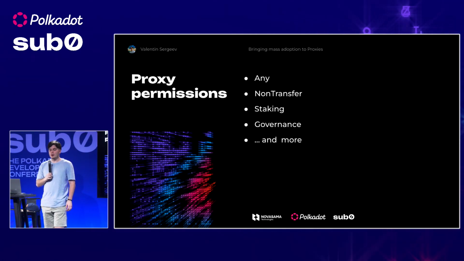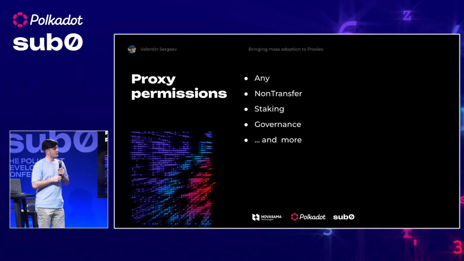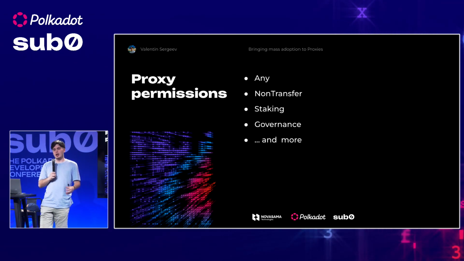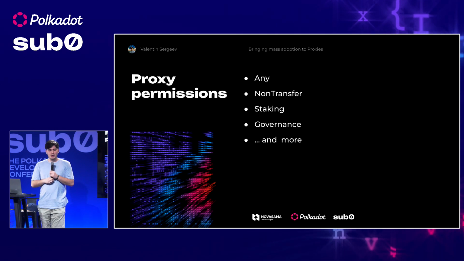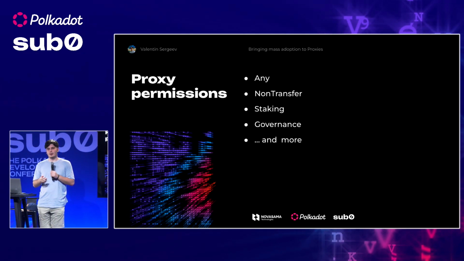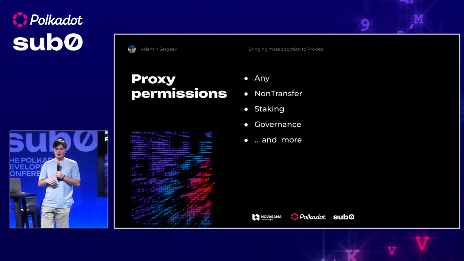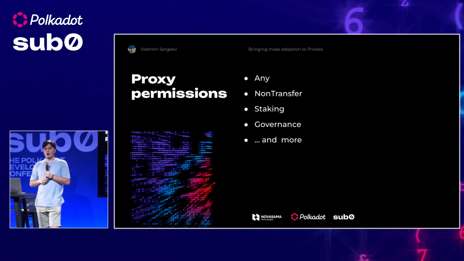Here I will focus on the ones available on Polkadot, but it's important to note that this is highly configurable and can be changed by any chain in any way it wants. The permission that's usually present everywhere is any. So it's basically you give the other account rights to do anything on your behalf. It might be dangerous, so you should consider using it with care.